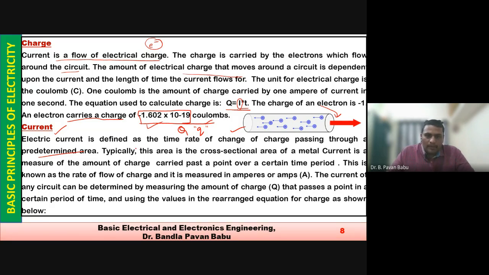The charge depends upon I × T, current into time, how much time it is required to charge. Since I have not started with the capacitor, I'm not going into detail. Just for your understanding, this is the behavior of charge, called a sawtooth waveform.